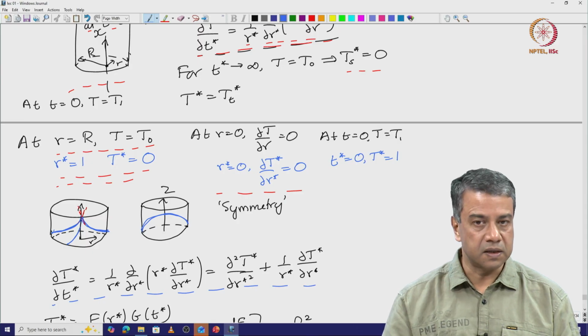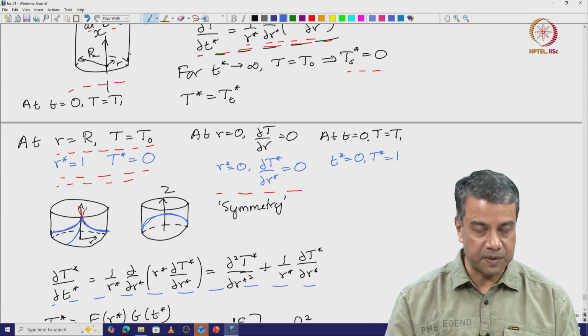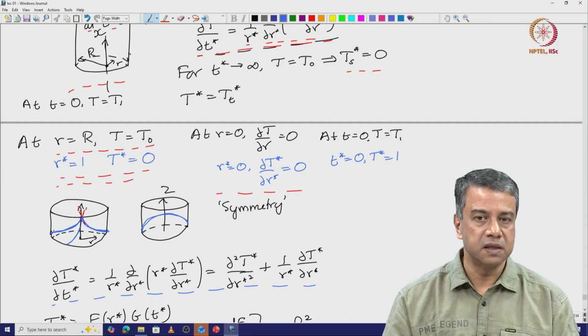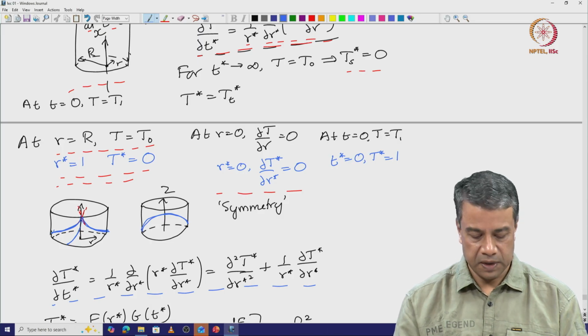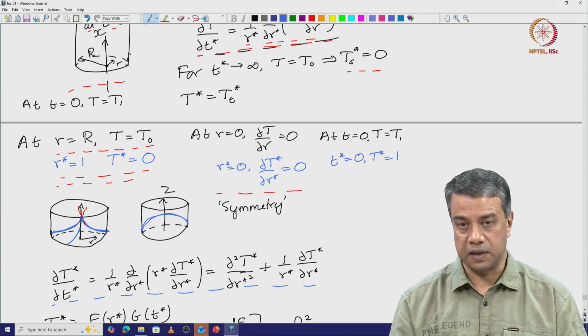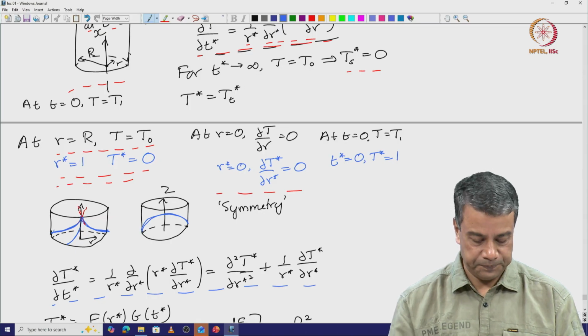We did see that non-zero heat flux for the case where we had a wire which was emitting heat. If you have a source at the axis such as an infinitesimal wire that is emitting heat, then the gradient is non-zero at the axis. In this particular case, there is no source. In fact, there is no boundary at the axis. R equal to 0 is not a physical boundary, it is only a coordinate boundary.